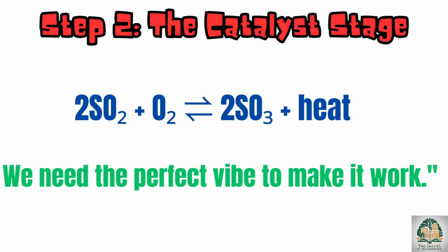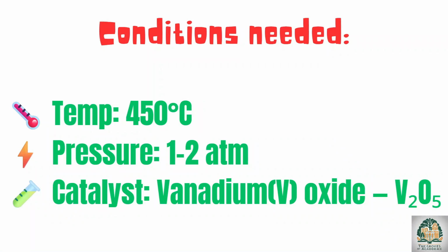So, how to fix it? Here comes Le Chatelier's principle. His ideas solved the problem of the reversible drama, and now the final conditions to overcome the drama created by reversibility. Temperature should be 450 degrees centigrade, pressure should be 1 to 2 atmospheres, and the catalyst, the VIP, is vanadium pentoxide.